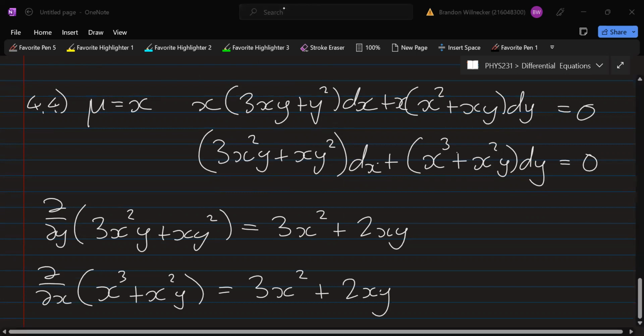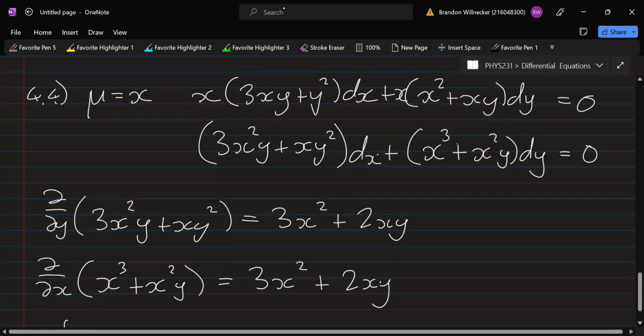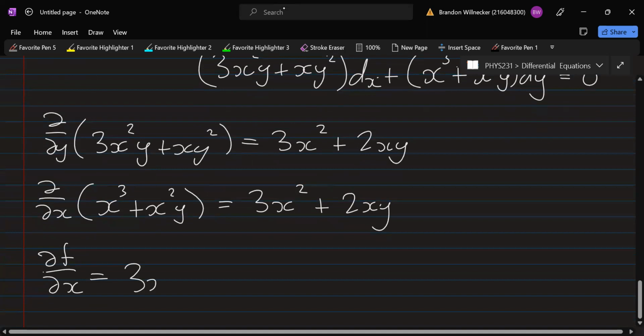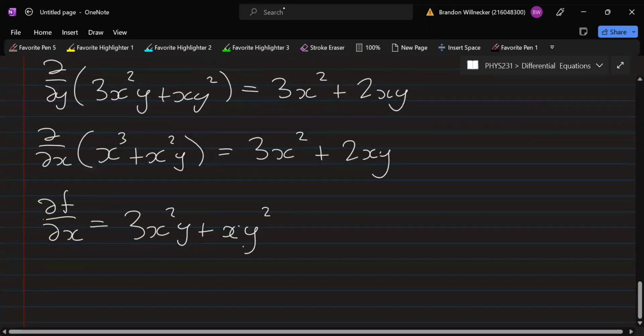Since it's exact, we can find our function f. So df/dx is going to be equal to the first part, 3x²y + xy². Then we can integrate this.